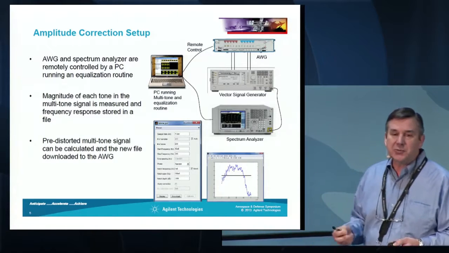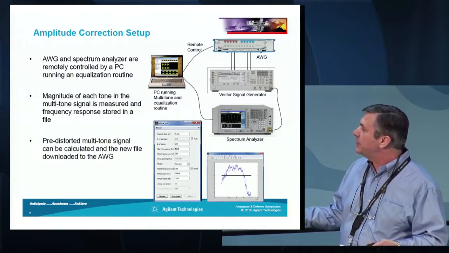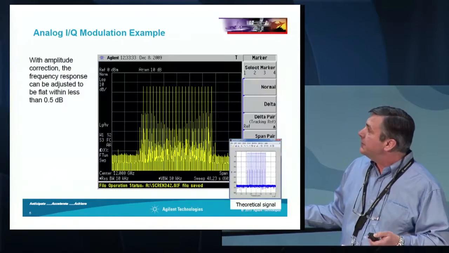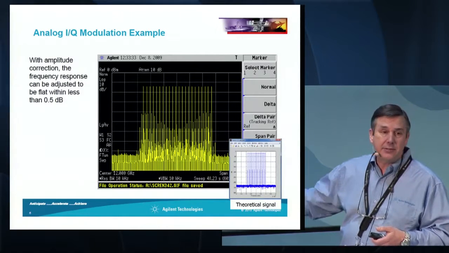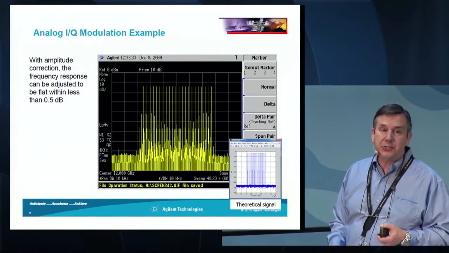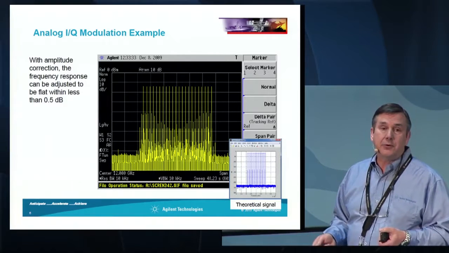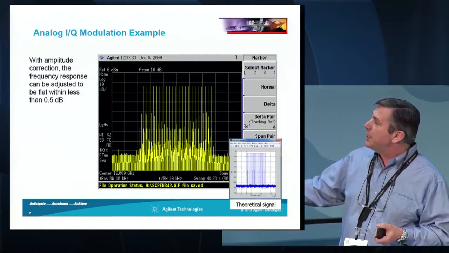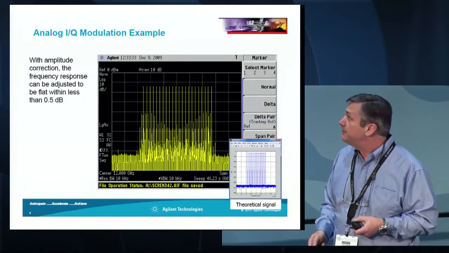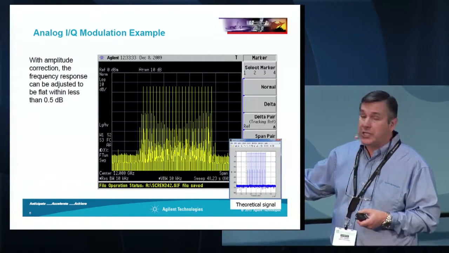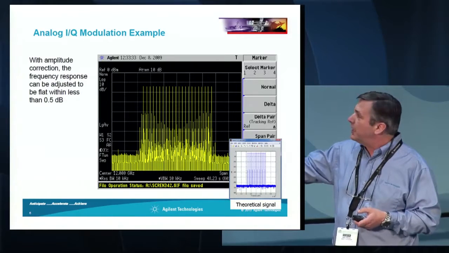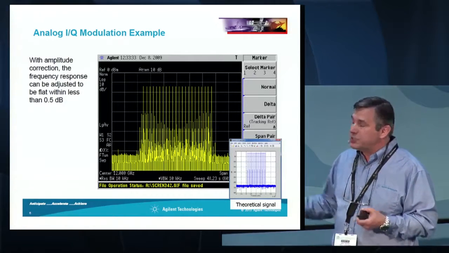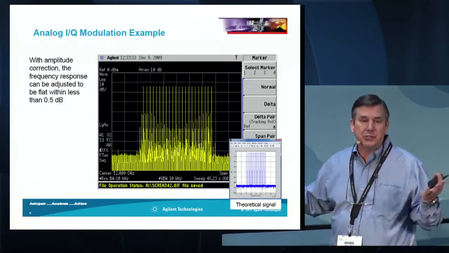That provides us with the ability to pre-distort that signal and achieve a very flat magnitude and phase response across the entire bandwidth. Here you can see we're down to less than half a dB across a 2 gigahertz spectrum with these multi-tone signals. And of course this can be applied not just to multi-tone signals, but also any kind of digital modulation or vector modulation.